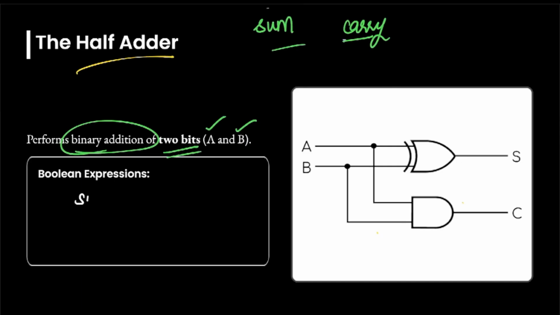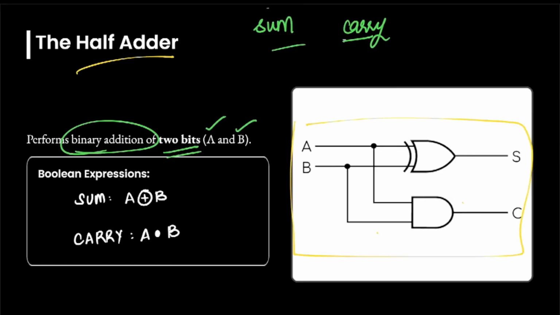So we can write sum as A XOR B and our carry as A AND B, right? Now using this information, we can also construct a logic diagram. A XOR B gives you the sum, while A AND B gives you the carry.